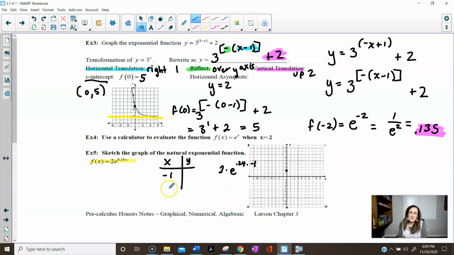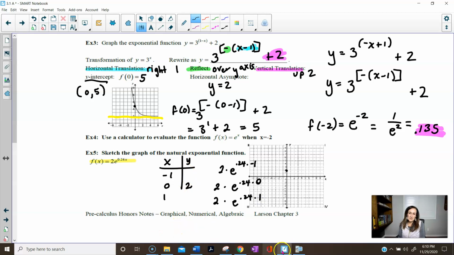If you wanted to plug in 0, you would have 2 times e to the 0.24 times 0, and that one I can do by hand because 0.24 times 0 is 0. E to the 0 is 1, and 2 times 1 is 2. And that's this point right here. Then if you plug in 1, you would have 2 times e to the 0.24 times 1. You can fill those in.